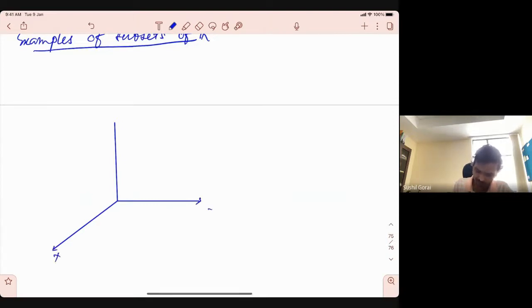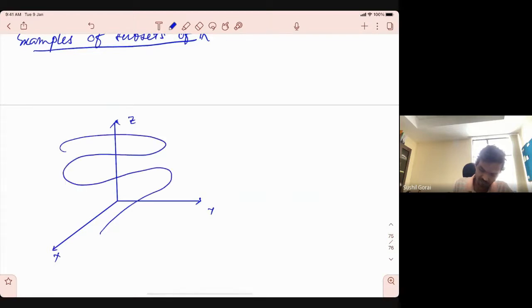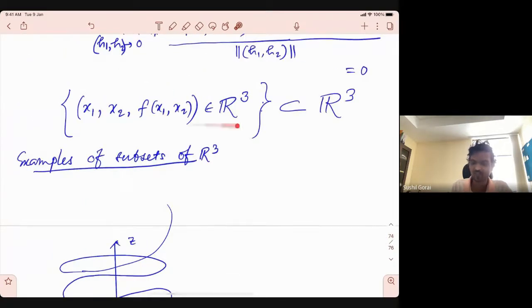So let's say (x, y, z), and suppose it looks like this, kind of a spiral, not exactly spiraling, but like this. So can this be a graph of this kind?